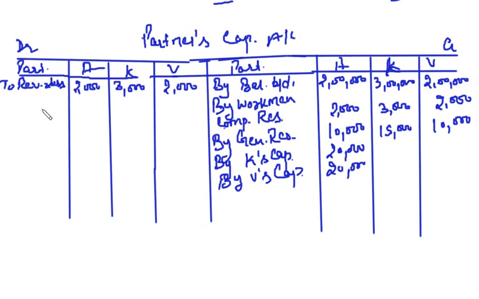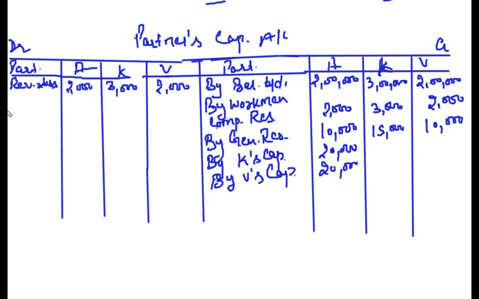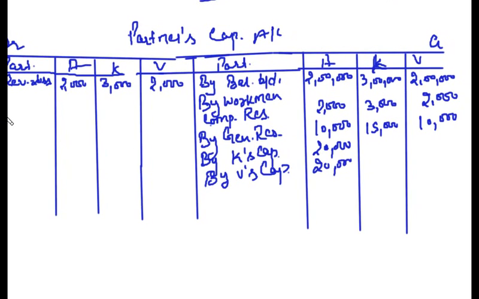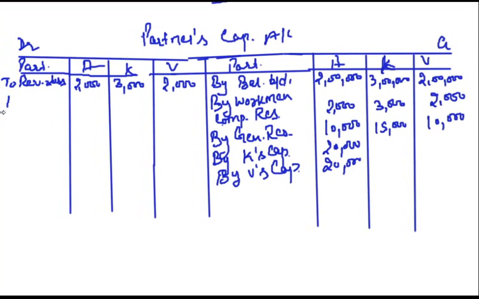And here we'll say to A's capital, this will come as 20,000 and 20,000. Clear?